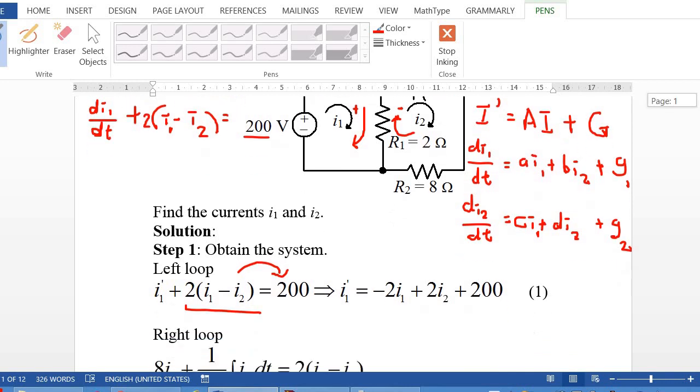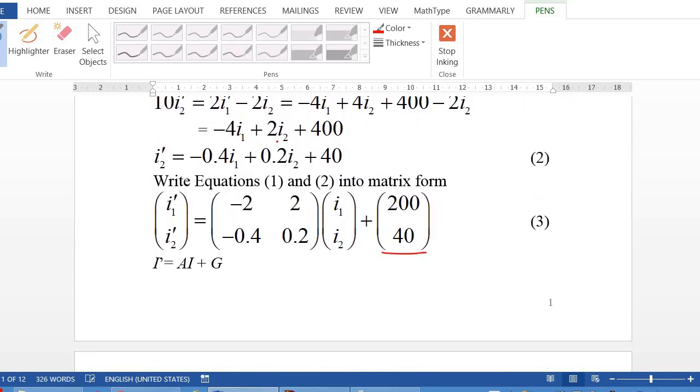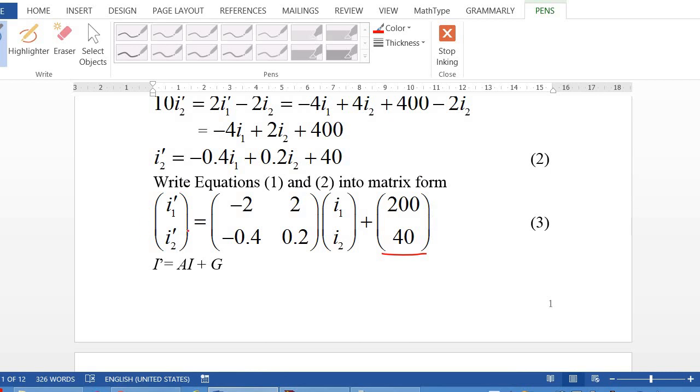So we arrive at this: I prime is I1 prime, I2 prime. This will be your matrix A, this is the vector I, and this will be the vector G.